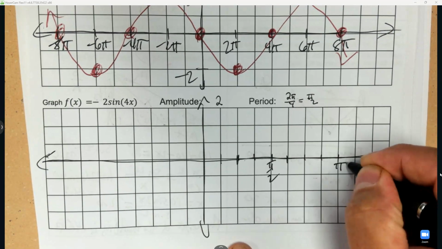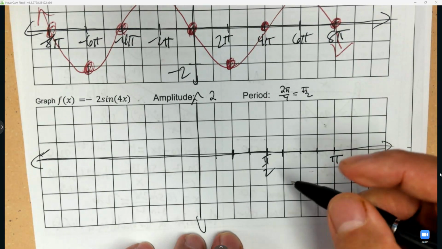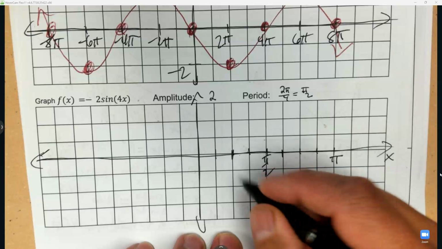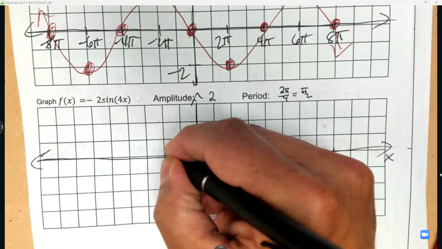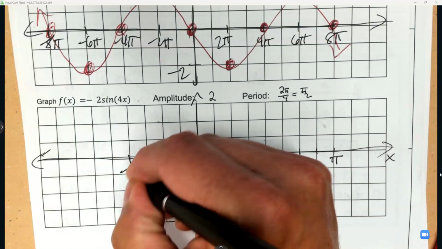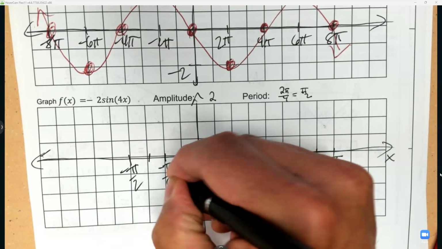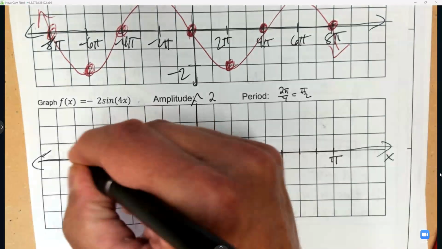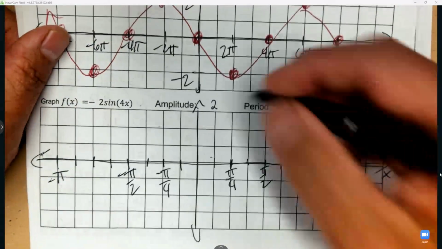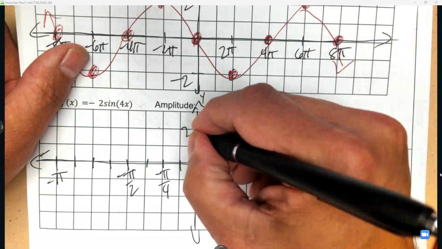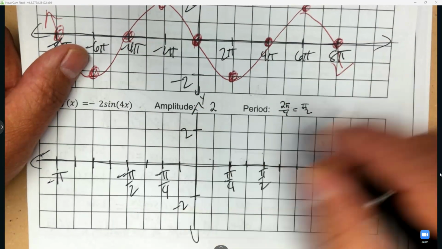And then that would make 1 pi. Now, halfway there, like half of a half, that would be pi over 4. So we're just creating our scale. And then on the y-axis, it goes up to 2 and down to -2.